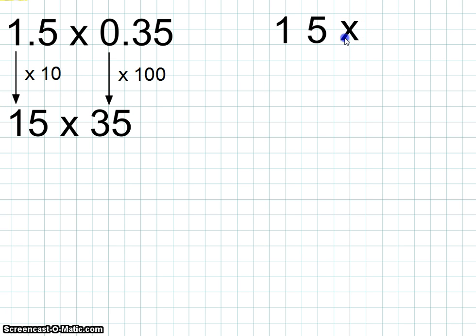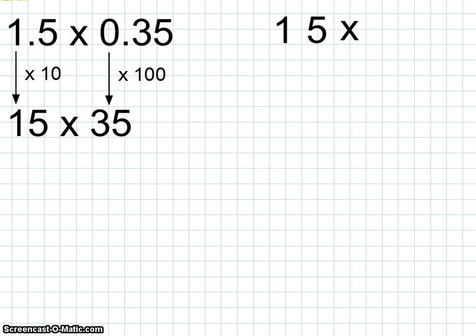And so far, you might be thinking, well, this doesn't look any different to this. We got 15 and then we have the multiplication symbol next to 15, and you might even be assuming that we're just going to continue writing 35 here. Except we're not going to do that.